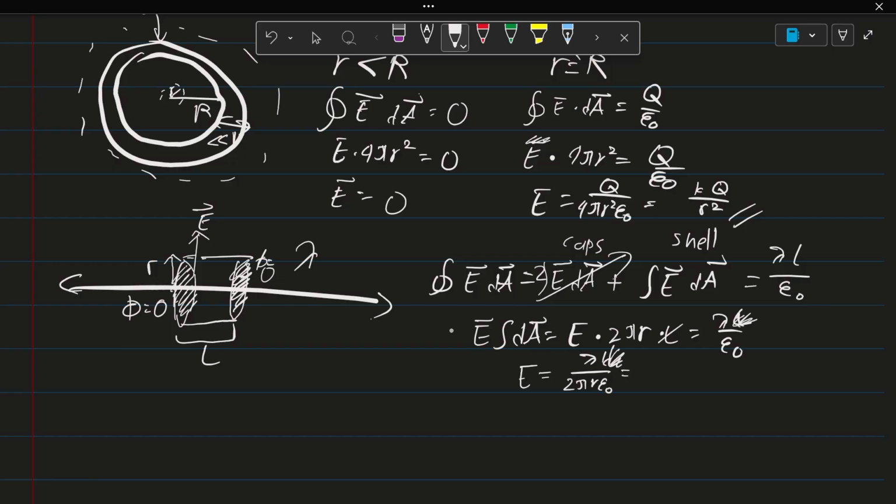So you could write this down as 2k lambda over r. Oh no, sorry, there shouldn't be an epsilon 0. So this is something interesting. We observe here that this dependence is within 1 over r squared, and for this guy, its dependence is within 1 over r. So it seems that the electric field is much stronger compared to the spherical shell.